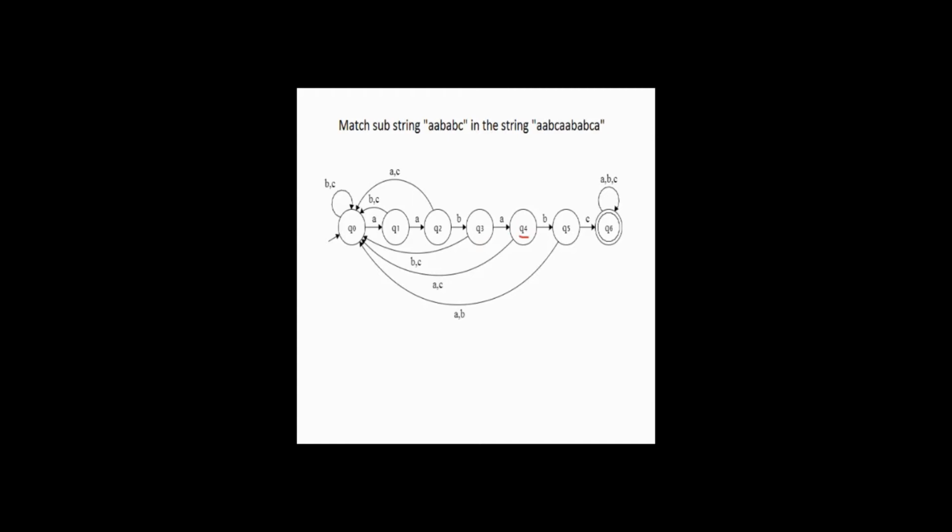In state Q4 we read another B, matching our substring, and transition to state Q5. And in state Q5 we finally read a C, matching our substring, and move to the accepting state Q6. Now in this accepting state Q6 we can read any of the A, B or C from the alphabet and remain in our accepting state, as we have already found that the string contains our substring.